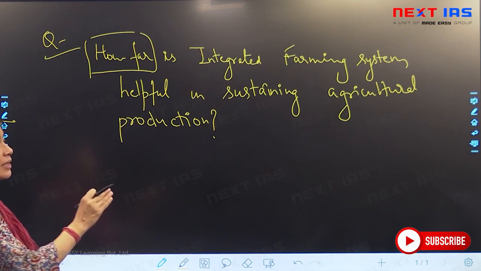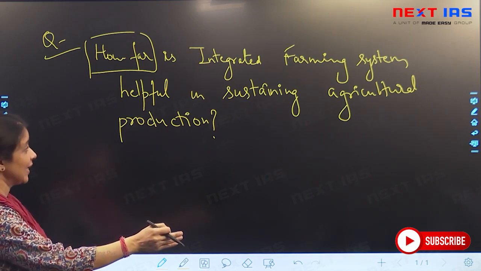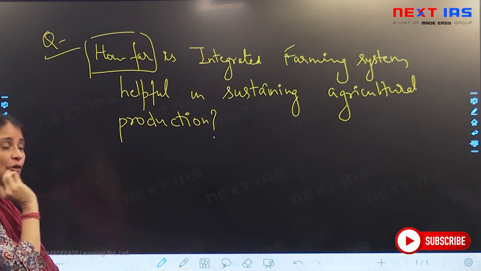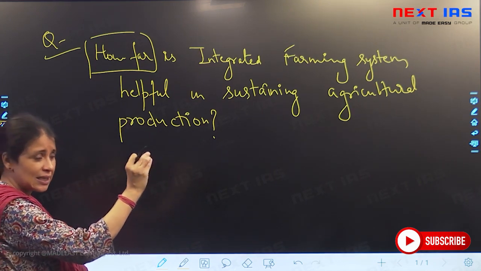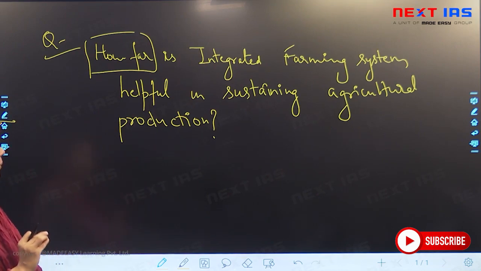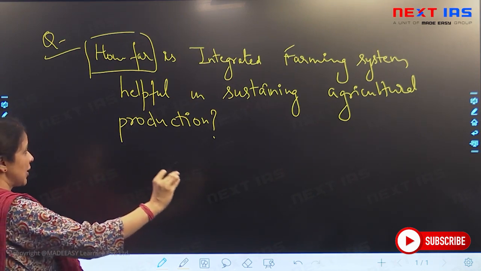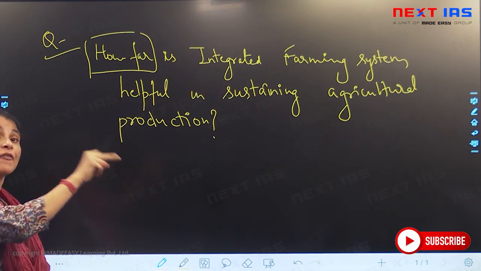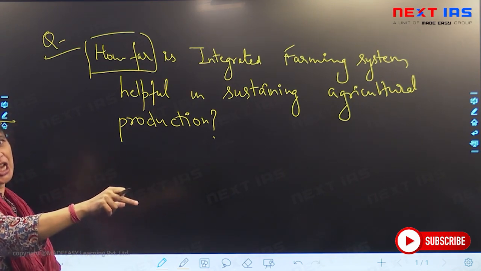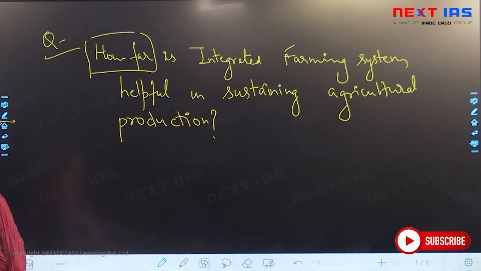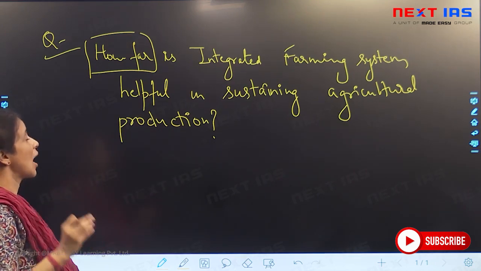So how far means जहाँ तक ये कर सकता है integrated farming, you have to write how far, till this point integrated farming is going to increase or give sustainability to our agriculture production. But after this, these are the challenges which need to be overcome, and if you could give suggestions how to overcome, you can do that. How far?